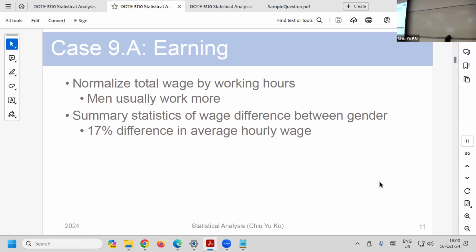That is also one of the reasons why they work less. So that's why I have to do it. This is the data, work more, then you want to look at hourly wage, right? And if you look at some statistics, you notice that men actually earn 17% more. Okay, so that is what we want to look at.